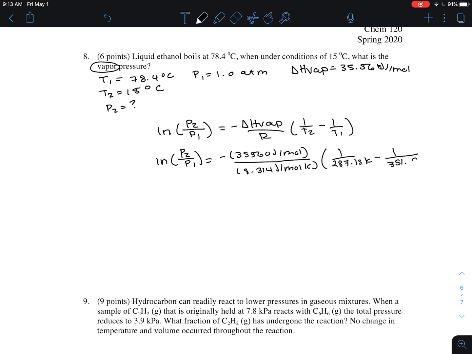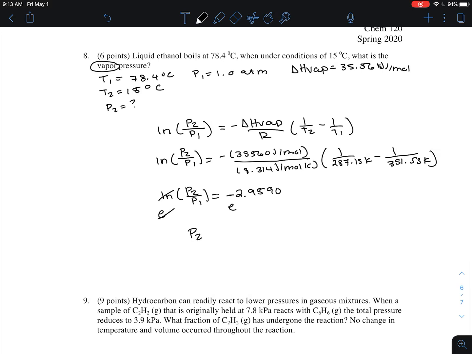Convert your temperatures to Kelvin. You find that your fraction of the pressures is equal to negative 2.9590. Then you take your natural log.